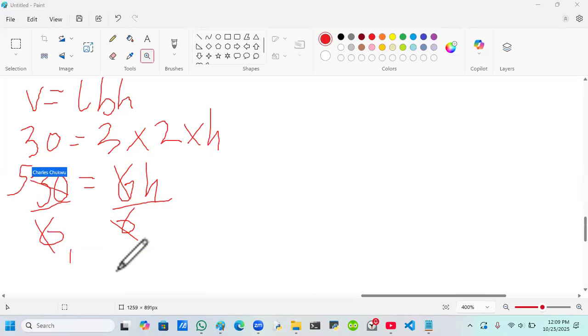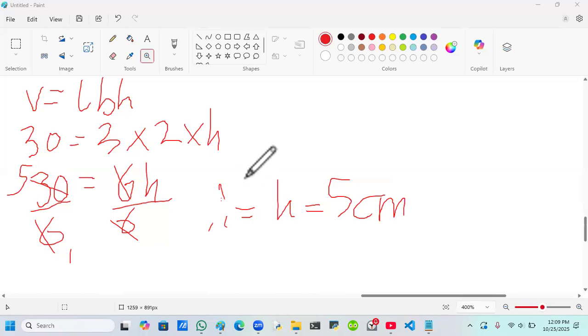That's not how I did it. So therefore H equals 5 cm. Where did you get equals H from? Please remove that equals. I'm not the one that put that equals there.